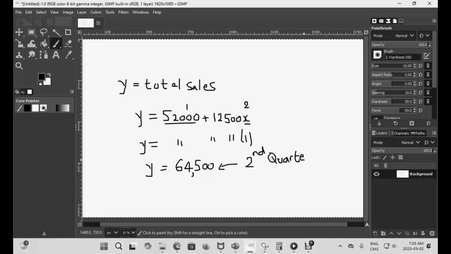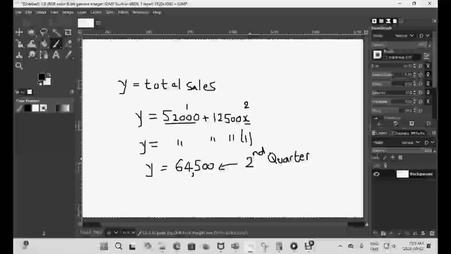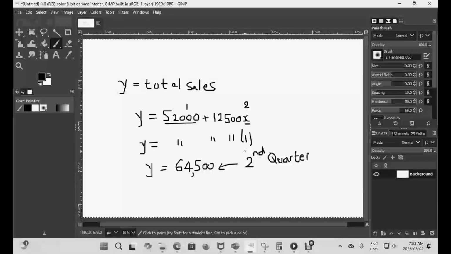In order to find the sales for your third and fourth quarters, you will need to sub in the values for X. For the third quarter, you will type in 2 rather than 1. So y equals 52,000 plus 12,500 times 2.